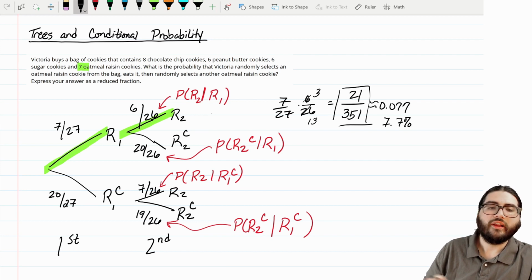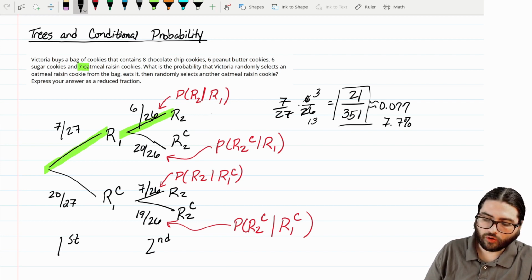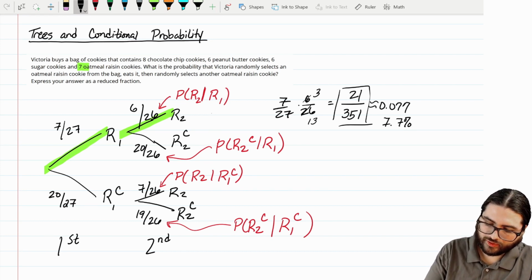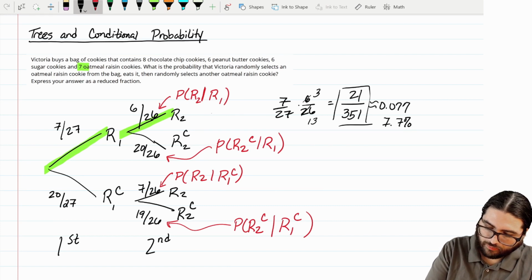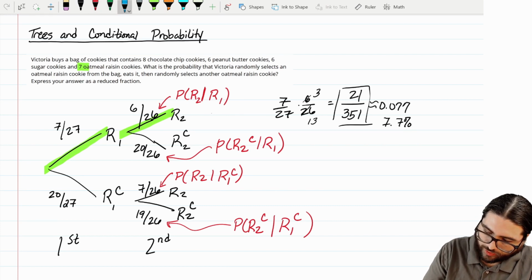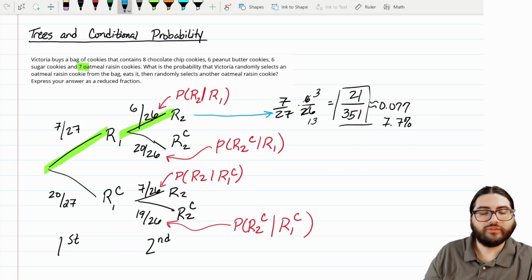Interesting. Now for this problem, we didn't need to calculate all of the other probabilities. This is just the final probability for this one outcome. But I could multiply and find the final probabilities for all 4 of the outcomes. And if I did that, I would be able to add those 4 probabilities together to get a 1.